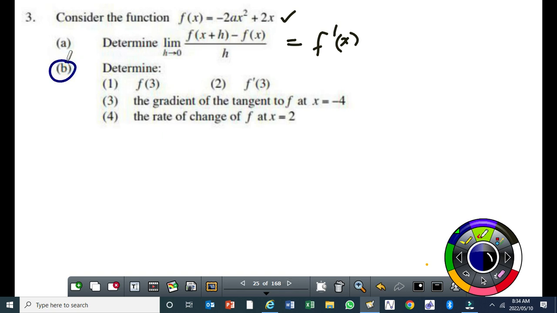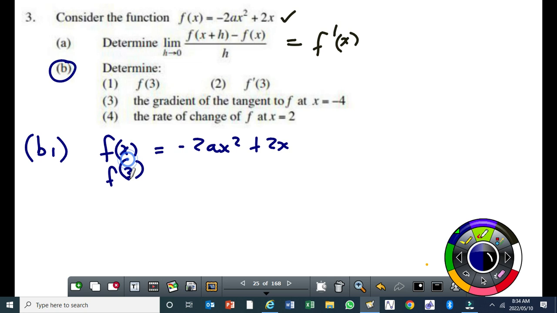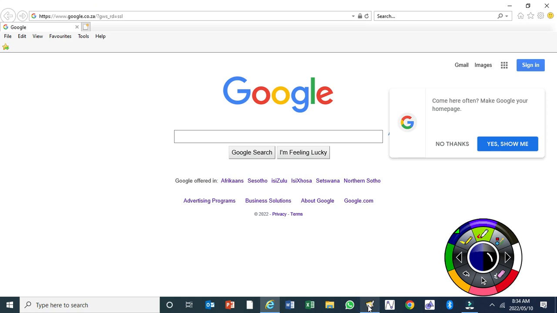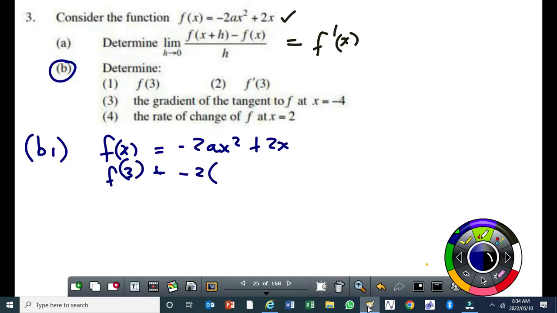So B1 now says determine f of 3. Now f of 3 means the value of y when x is 3. So our original function is f of x equal to minus 2ax squared plus 2x. So f of 3 will be equal to minus 2a times 3 squared plus 2 times 3.